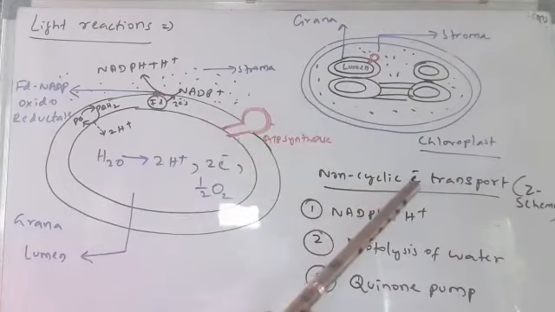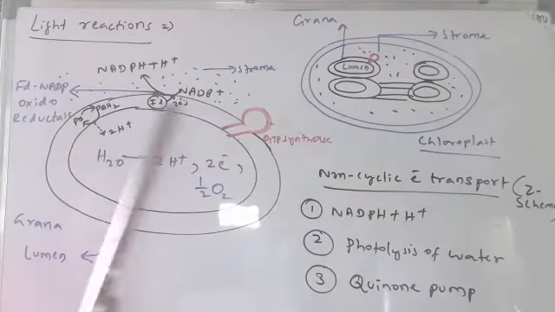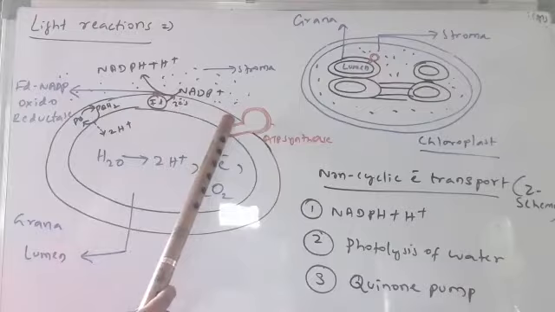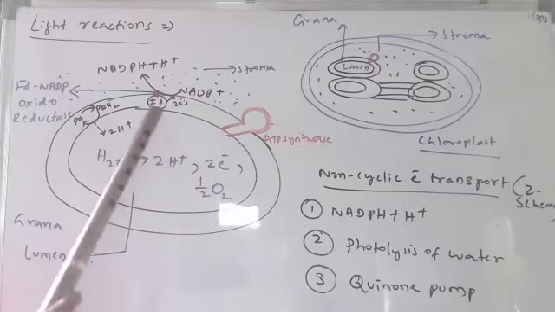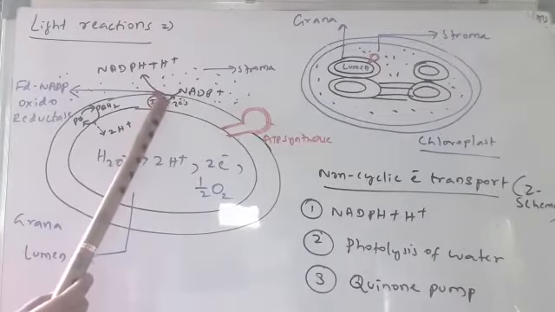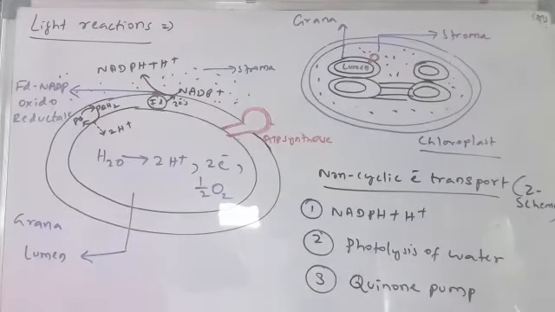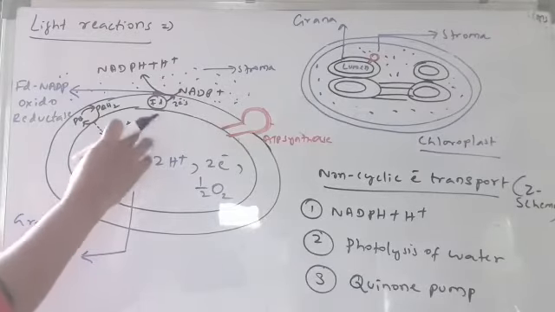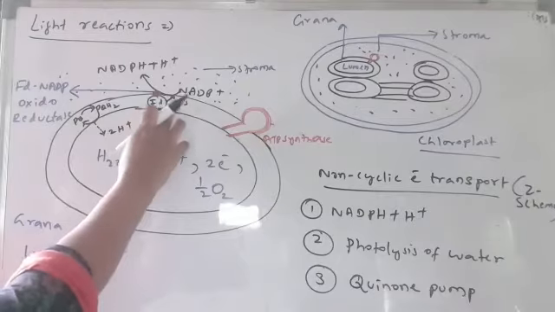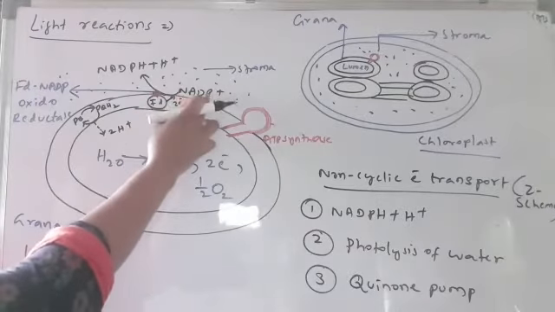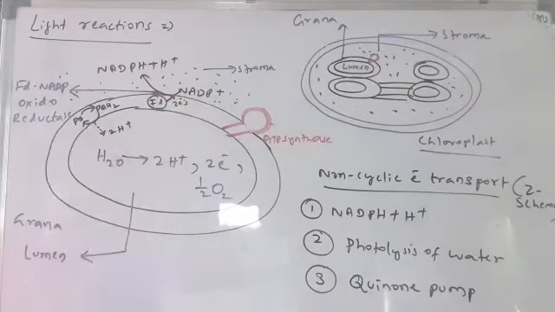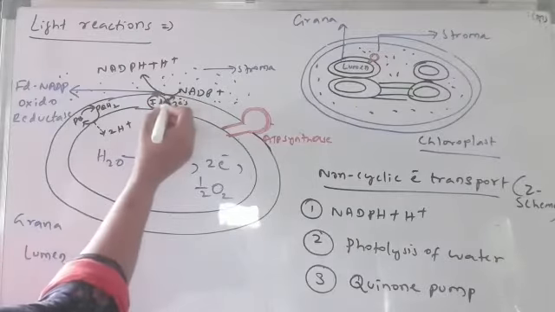This non-cyclic electron transport takes place in the grana part of the membrane, and the final electron acceptor is NADP+. If you remember the final step, ferredoxin transfers 2 electrons to NADP+.